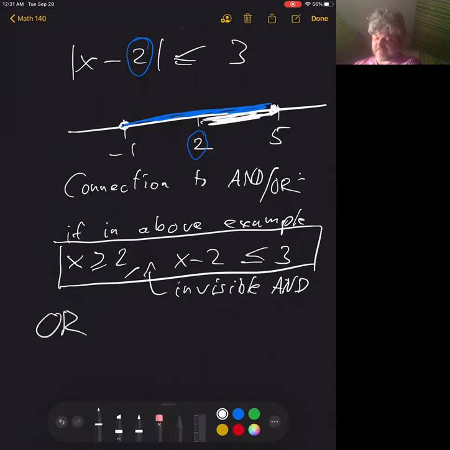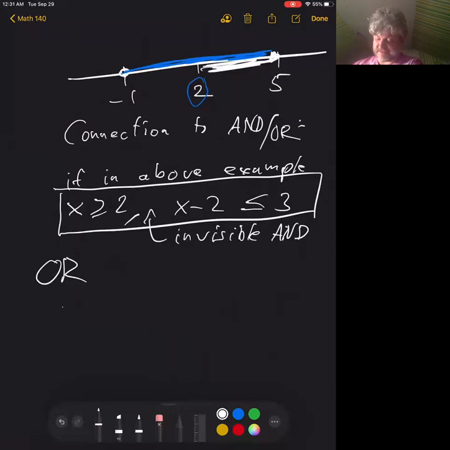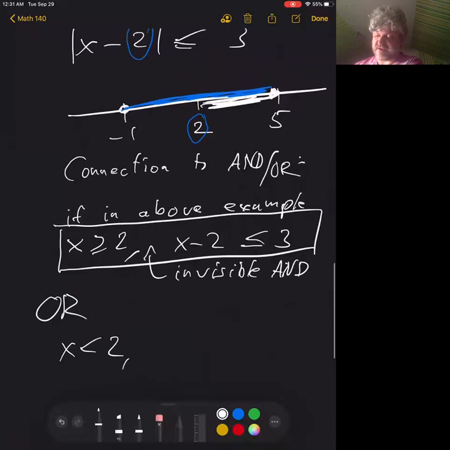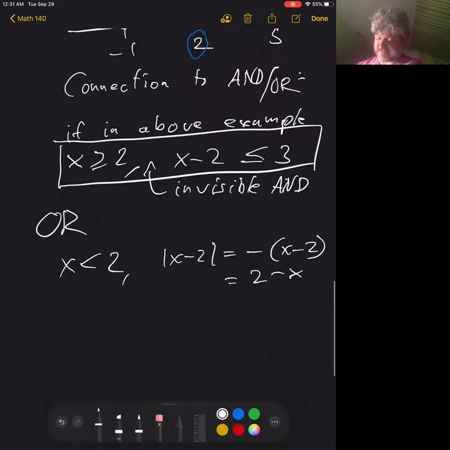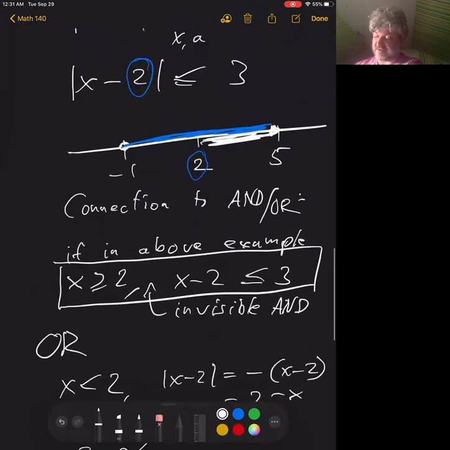Or x is less than 2, in which case the absolute value of x minus 2 is the opposite. So that's 2 minus x. So we have 2 minus x less or equal to 3.